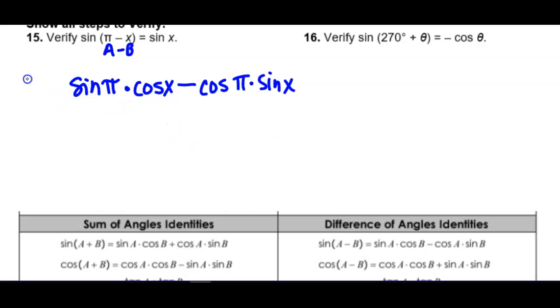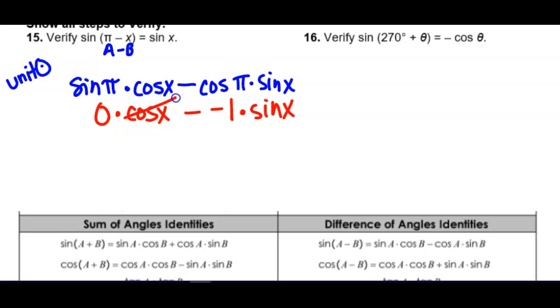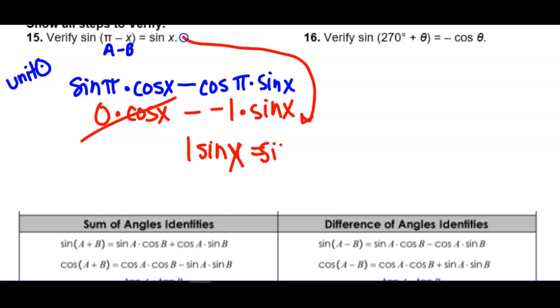All right, then you plug in those values off the unit circle. Well, if you go over to pi, the sine is 0, and the cosine is -1. So this all becomes 0, minus a -1 becomes 1 sine x, which is equal to the right-hand side up here, sine x. So we just did a proof.